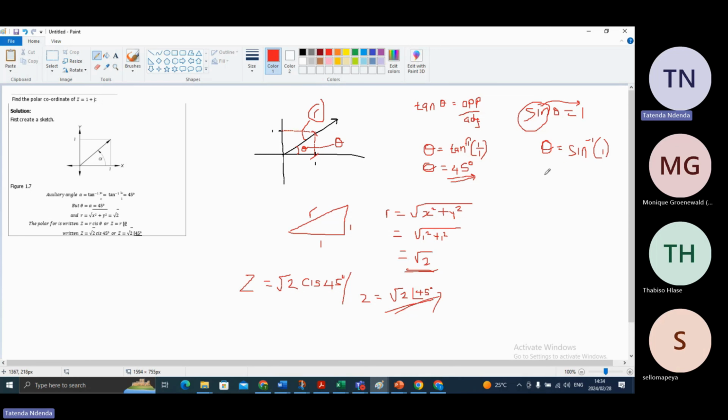Inverse means that when theta comes to this side, the sine cancels here, and you can see it's like being on the denominator, so it's the inverse of 1. That's why they write it as sine inverse of 1.